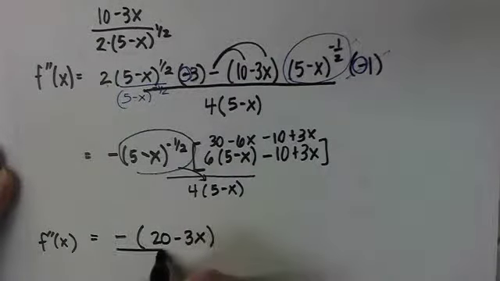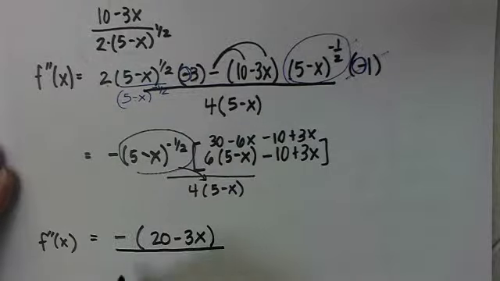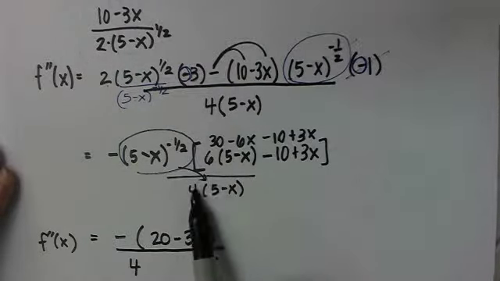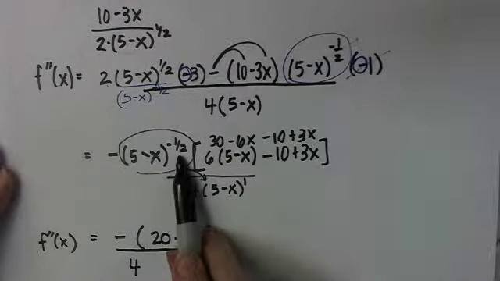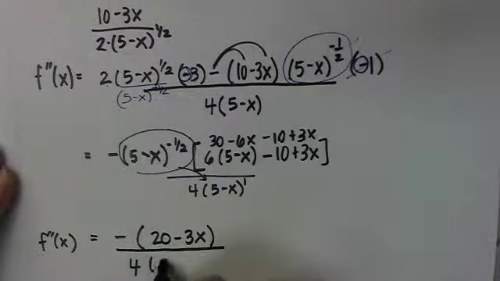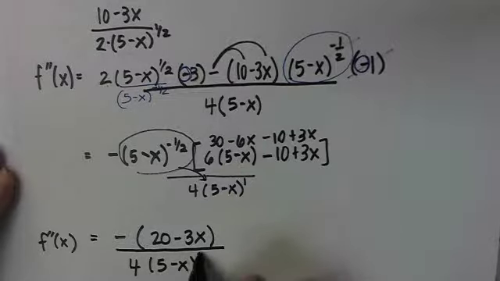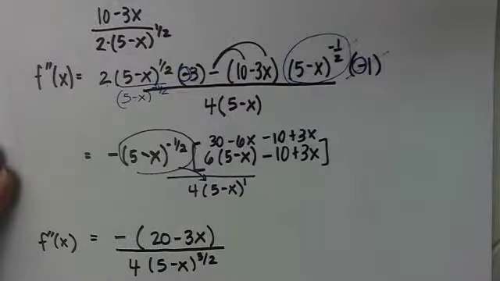And then in the denominator, we have the 4 that's already sitting there. We've got (5 minus x) to the power of 1, and we're bringing down another power of 1/2. So you add the powers, and you get (5 minus x) to the 3/2.